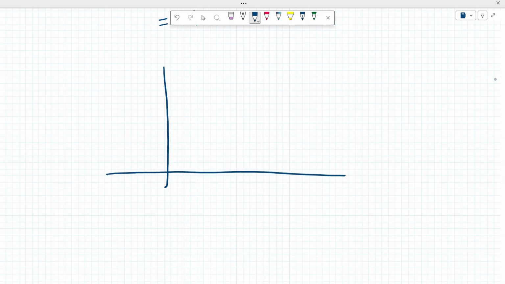So if we were to go and actually plot our probability density function, our PDF, where our y-axis is our PDF and our x-axis is our random variable x, we have this piecewise continuous function that goes up like this and then down like that.